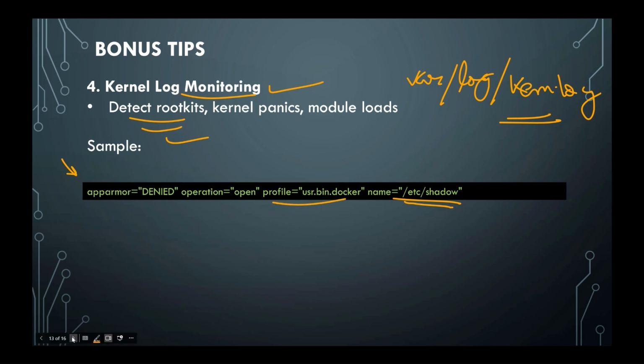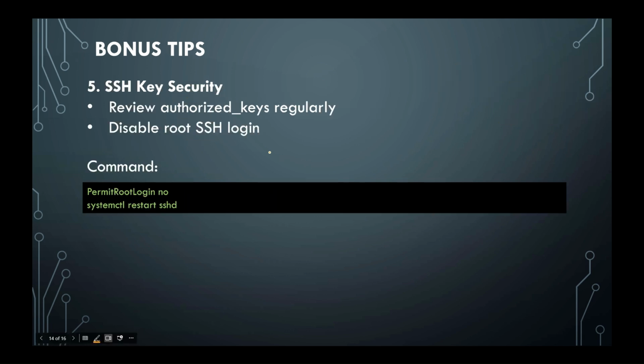Okay, next one we have regularly review and rotate SSH keys. SSH keys are often the most secure way to authenticate to a Linux server, but they can also be a potential attack vector if compromised. As part of your ongoing security hygiene, it is important to regularly rotate SSH keys and ensure that only authorized users have access.